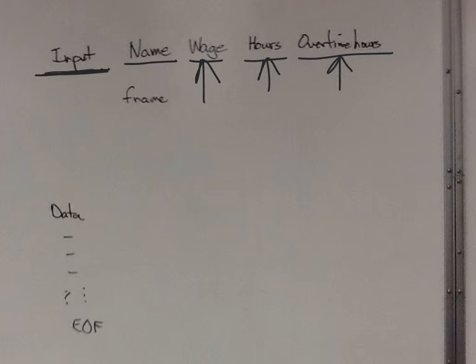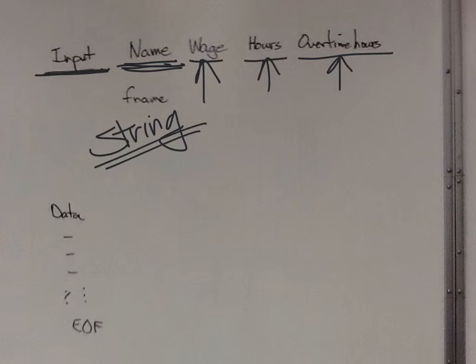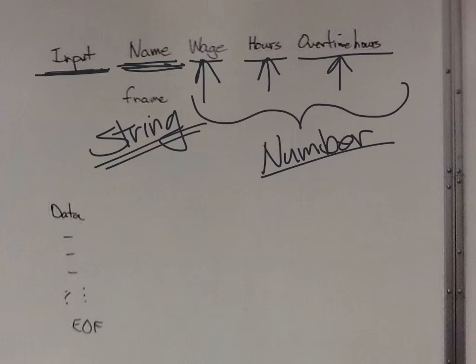You have to be a little bit careful with mixing them within your program. The person's name would be a string variable. Whereas the rest of these would be some type of number. And inside the computer, numbers are stored considerably differently than strings.